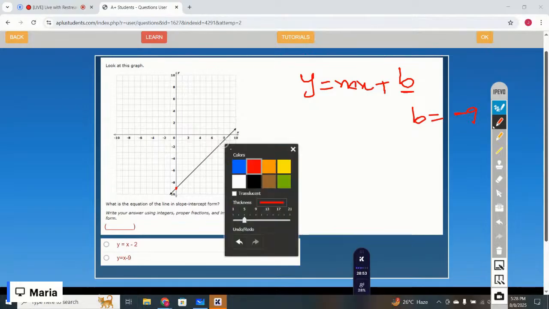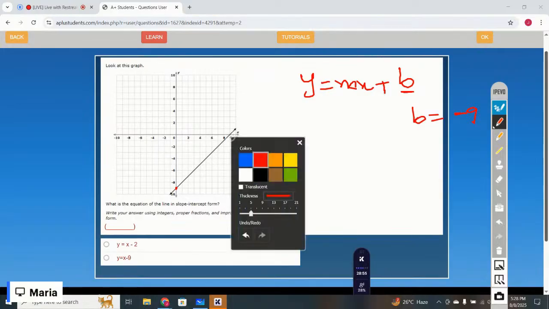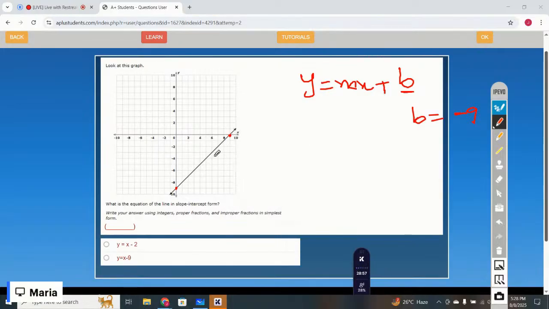Now let's calculate the slope from the graph. Select any two points, like here is the first one and here is the second one, right? For this one x is 9, y is 0, and for this one x is 6, y is 3.